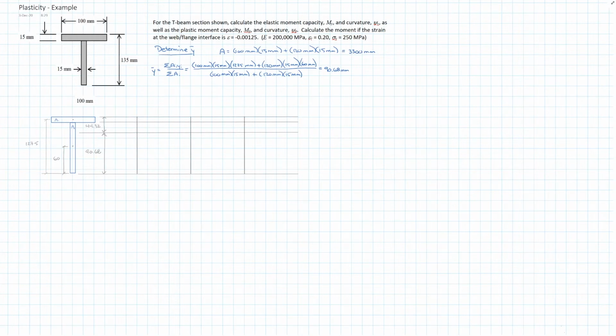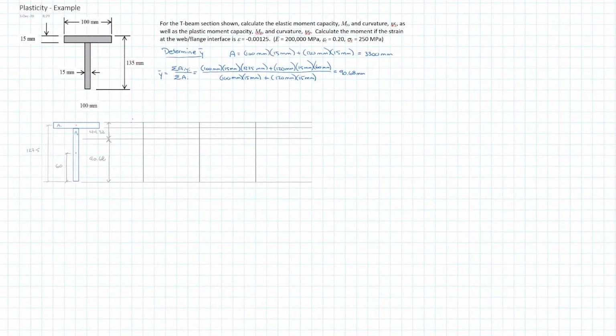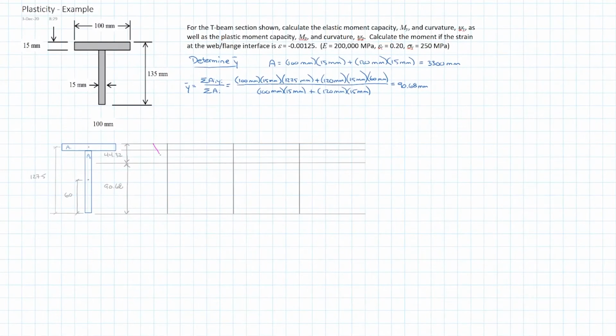So to get there, I'm going to start by drawing in the strain diagram. And of course, it is always linear and it passes through the neutral axis. And so when we look at the strain diagram, we can see that we're going to have much higher strains in the bottom, so within the web, than we will within the flange.